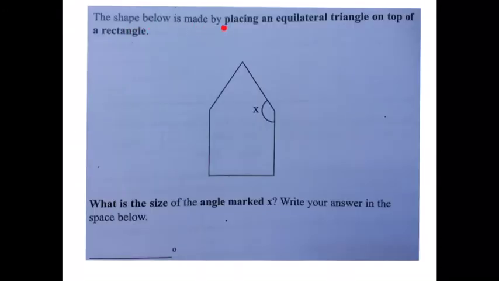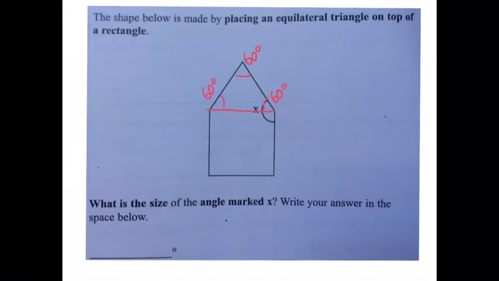The shape below is made by placing an equilateral triangle on top of a rectangle. What is the size of the angle marked X? So we have an equilateral triangle on top of a rectangle. In an equilateral triangle, all the angles are the same size. They're all 60 degrees. 60, 60, 60. 3 60s making 180.